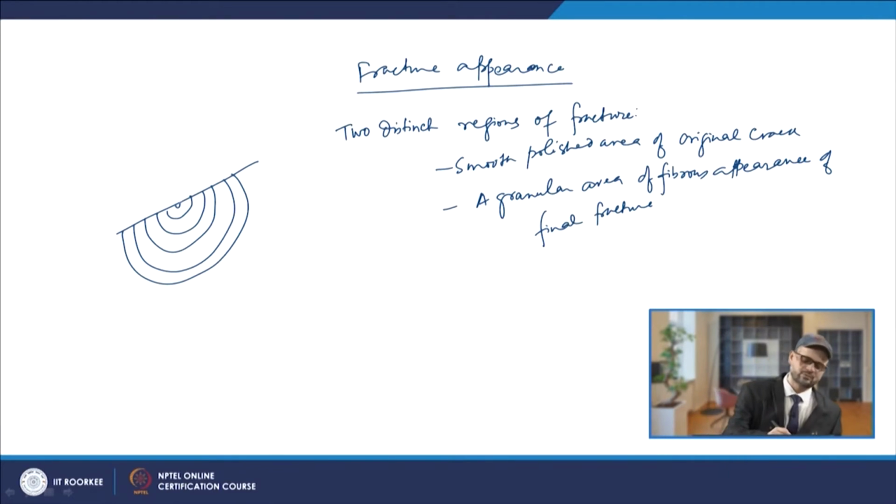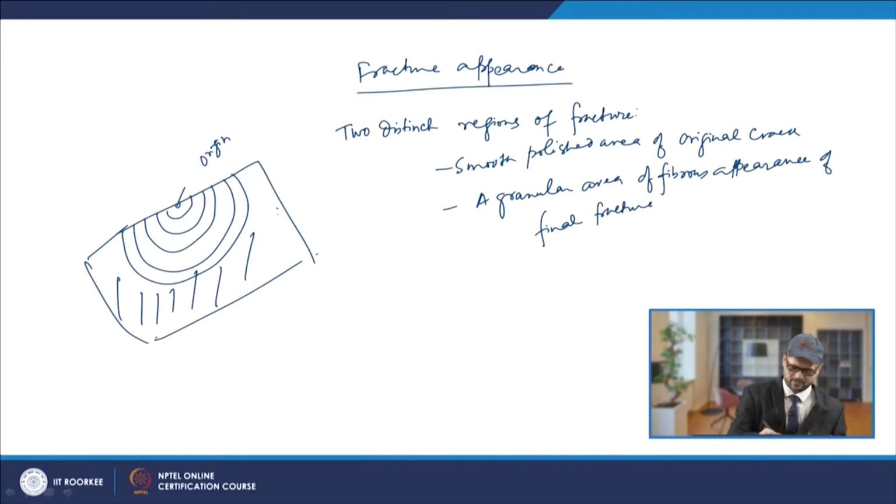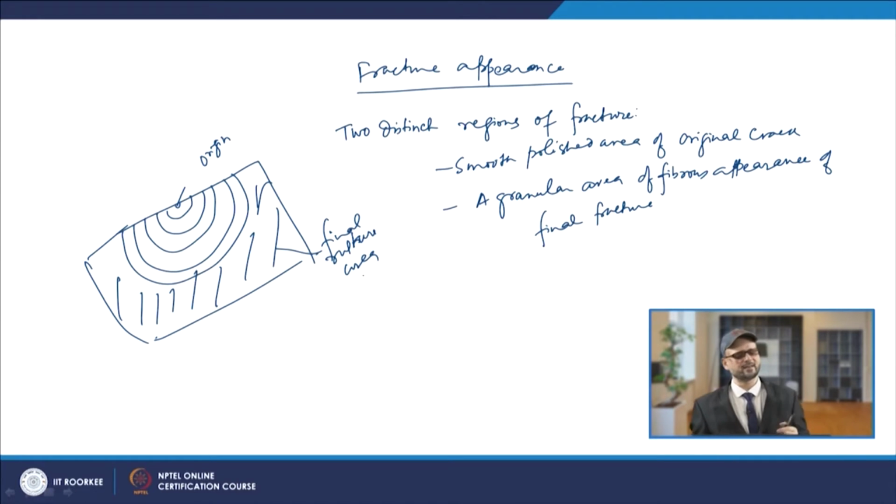You will have the origin here, and finally in this area you will have the final rupture area, which is this one. So, it originates from there, and you will also be able to see certain lines like this. These radial lines are basically seen.